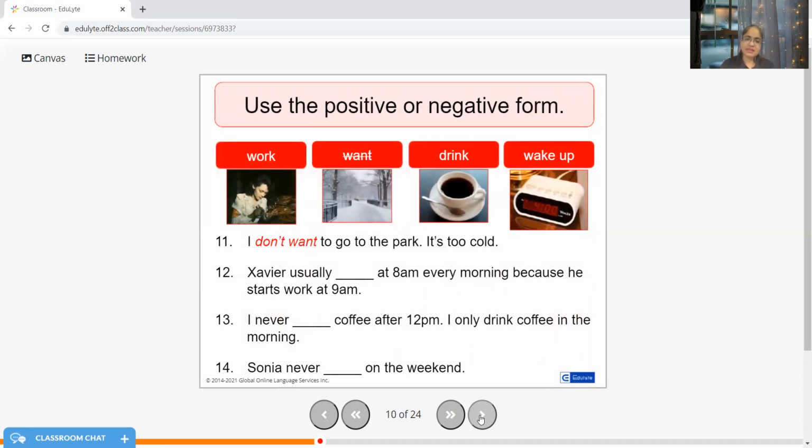Let's complete these sentences together. I don't want to go to the park, it is too cold. Xavier usually wakes up at 8 a.m. every morning. I never drink coffee after 12 p.m. Sonia never works on the weekend.